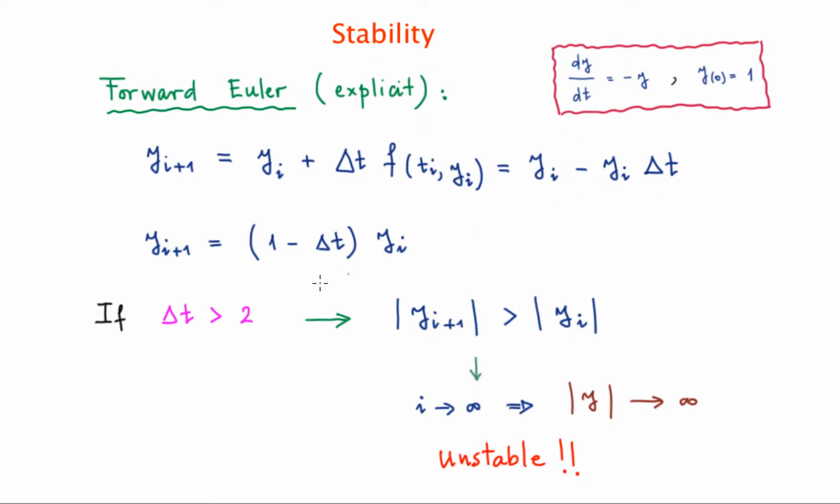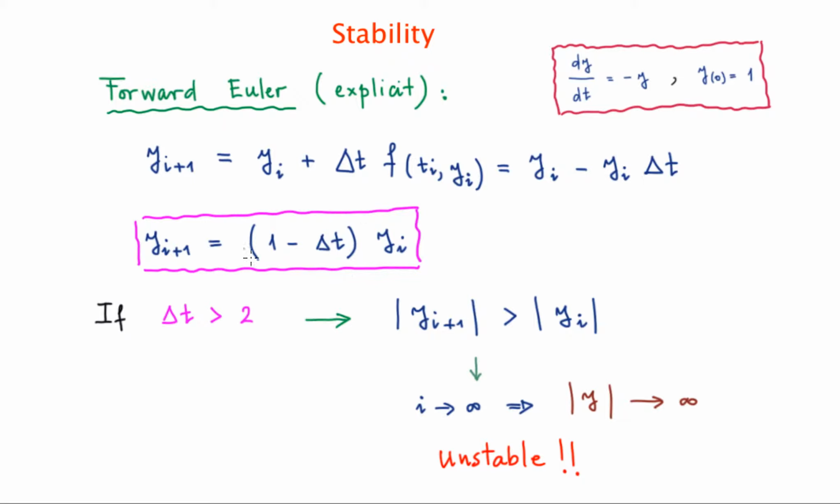We can write it this way as it's said here. This is the method that we're going to apply, and you can see that when delta t is quite big, for example bigger than 2, this factor becomes negative and bigger than 1 in absolute value.